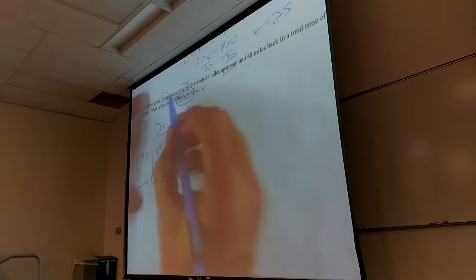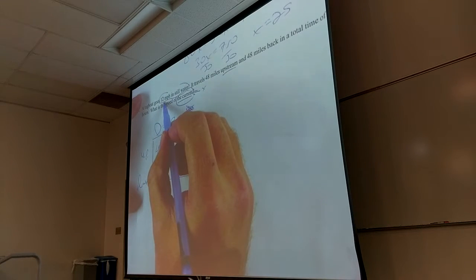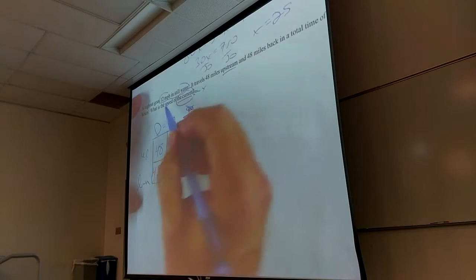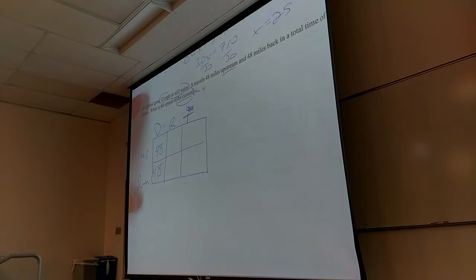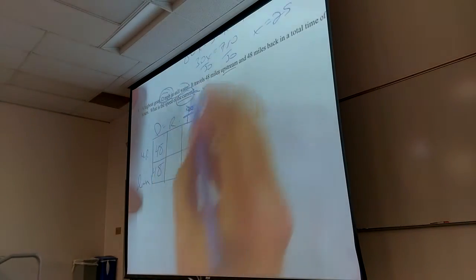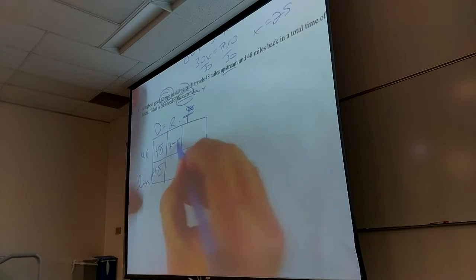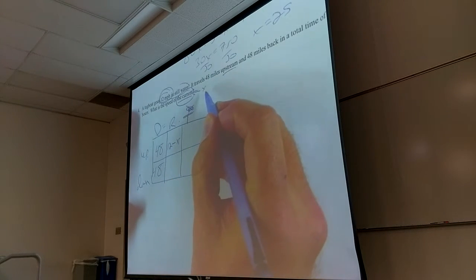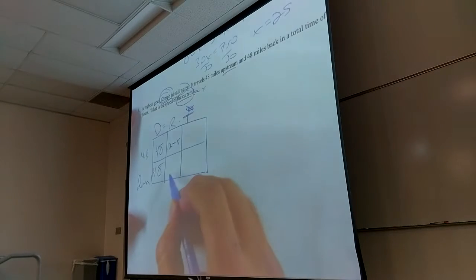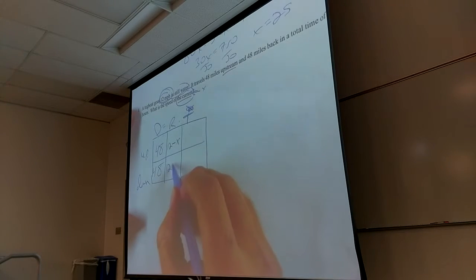Upstream, they're not going 12 miles an hour, they're going 12 minus x. And I think earlier I said 48, I'm sorry. I looked at the wrong number. They're going 12 miles an hour normally, but now they're going to lose that much speed by the current, right? So downstream, they're going to be going faster, so it's going to be 12 plus x.